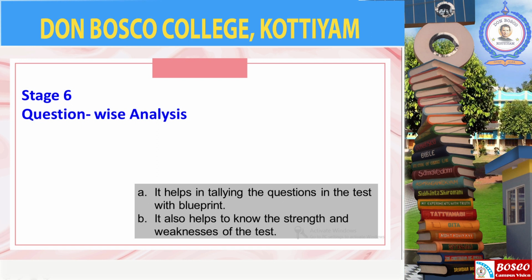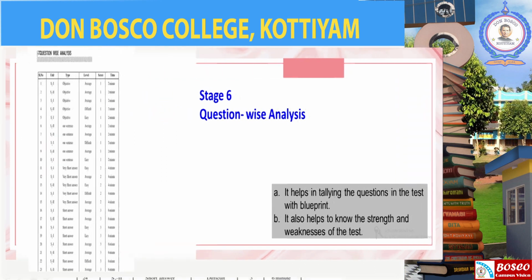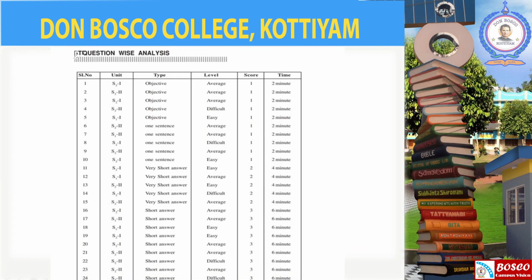In the question paper analysis, an example is given in the slide, and from this you can see that the question wise analysis shows the number of questions, the objective tested by the question, the marks allotted for each question, and how much time is taken for answering that question.